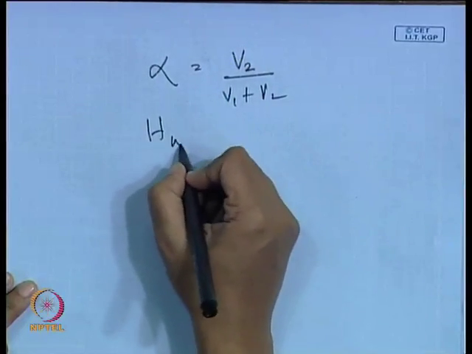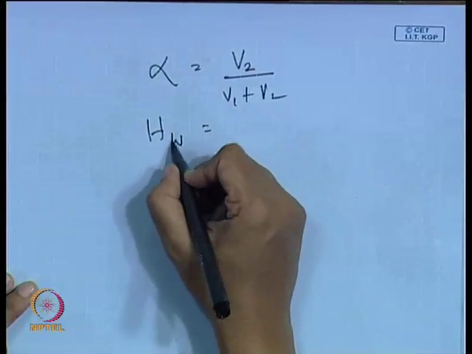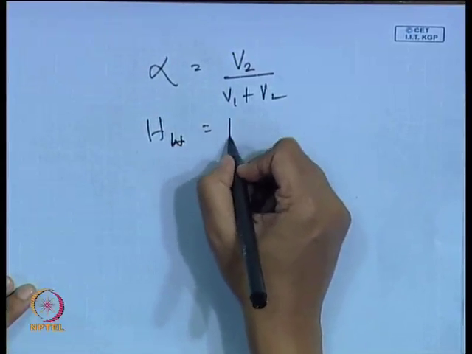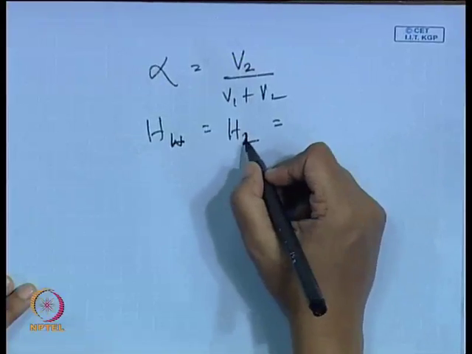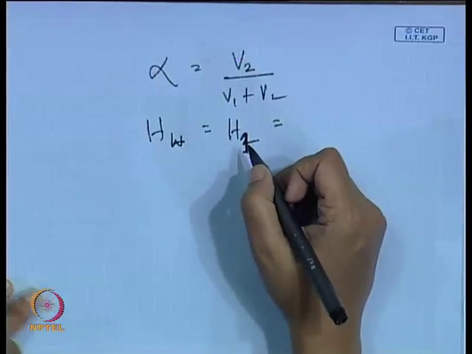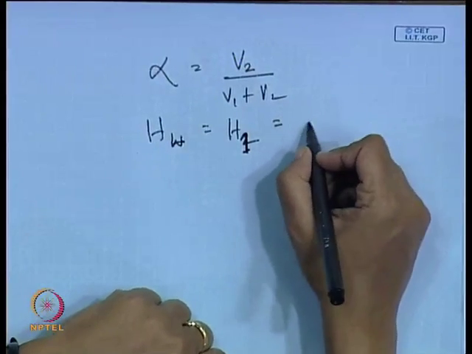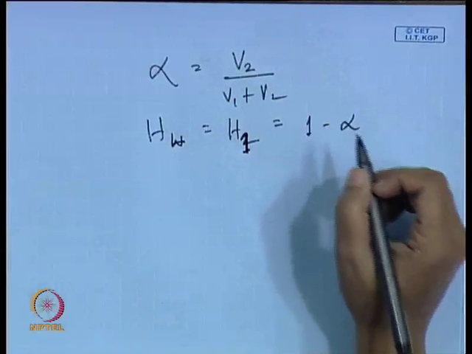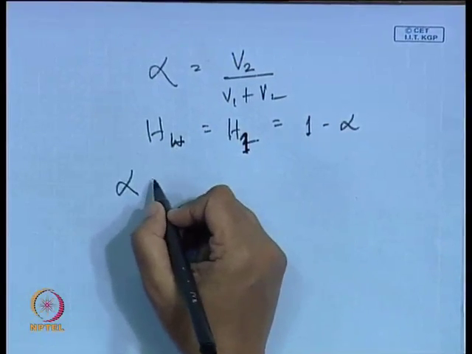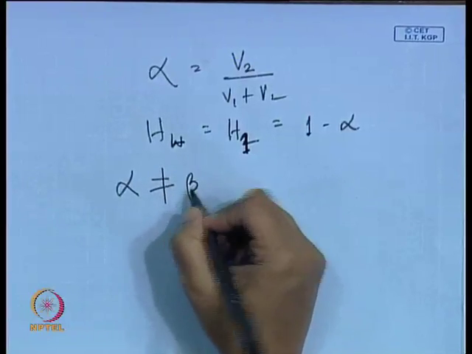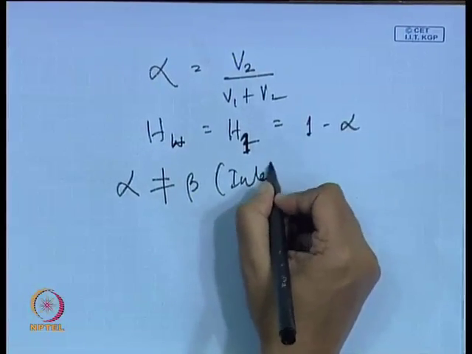And as I mentioned in the last class, HL or H1, whichever way you would like to call it, is the hold up of the heavier phase, which is usually equal to 1 minus alpha. And I had already told you that alpha, the in situ fraction, is not equal to the inlet volume fraction.